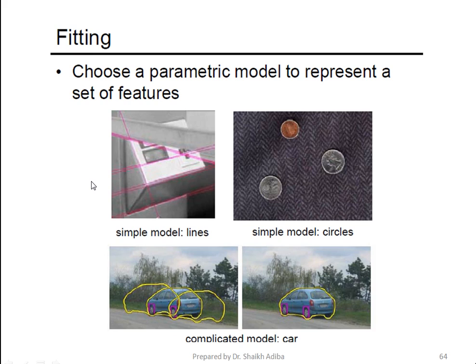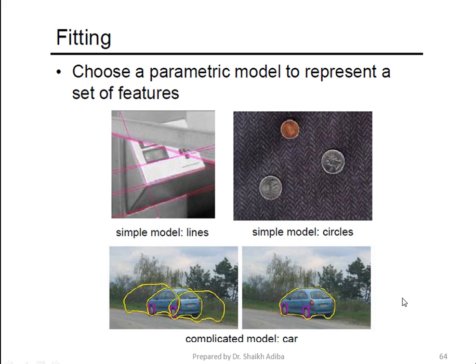If the image has mostly lines, or the object consists of some lines that are horizontal, vertical, or something like that, then we can go for the application of line models.